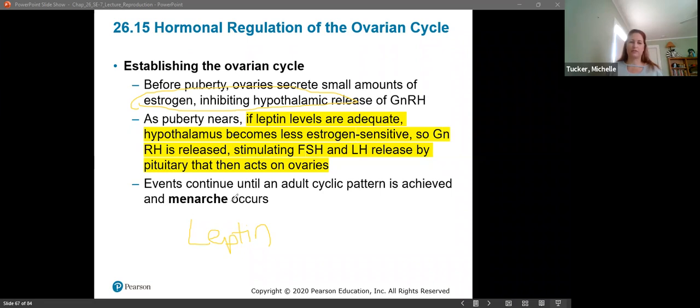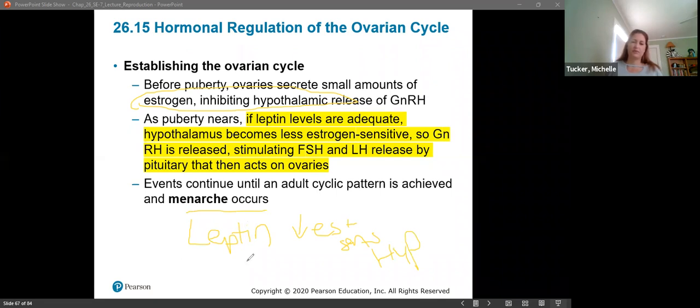So even though estrogen is being produced, the hypothalamus isn't sensitive to it, so it will release gonadotropin releasing hormone. So leptin decreases estrogen sensitivity of the hypothalamus.